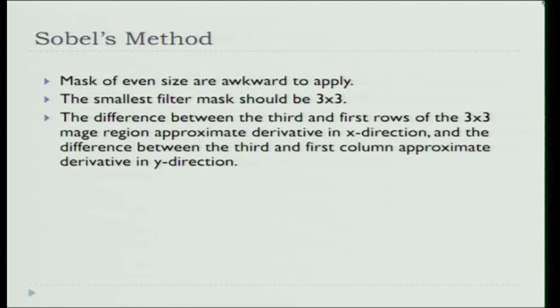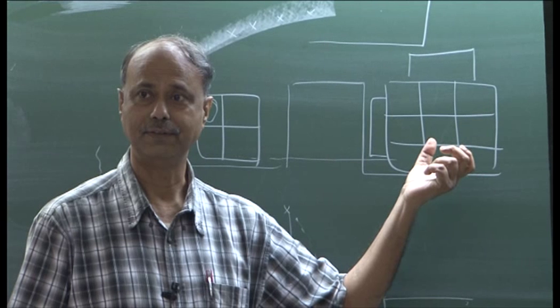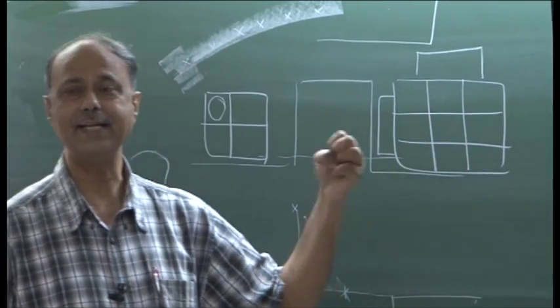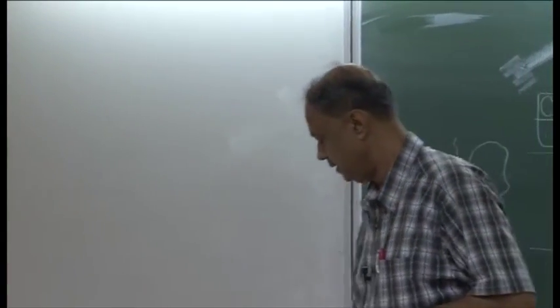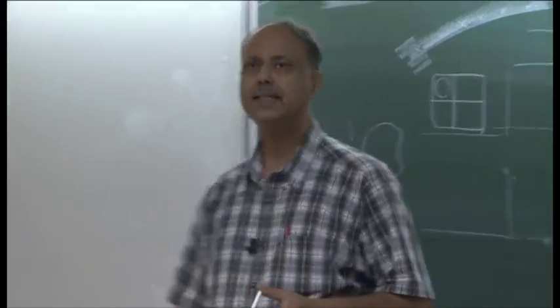That means what? No weightage is given to the center pixel. Whether the central pixel is an edge pixel or not is determined by the other pixels, not by itself, right. So, in general, the structure is like that.